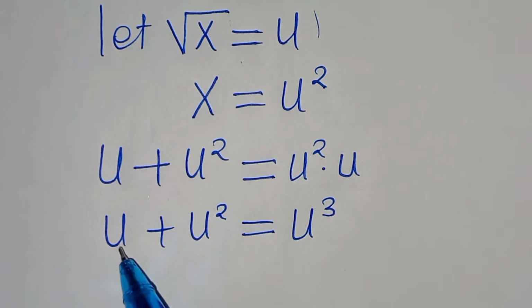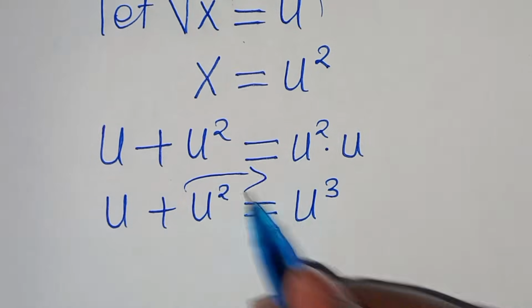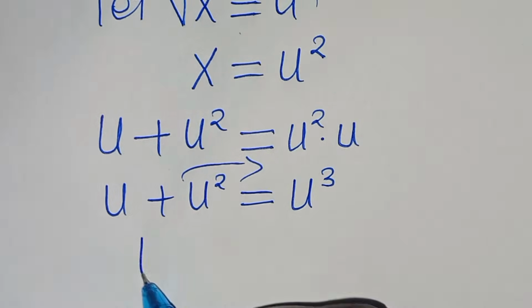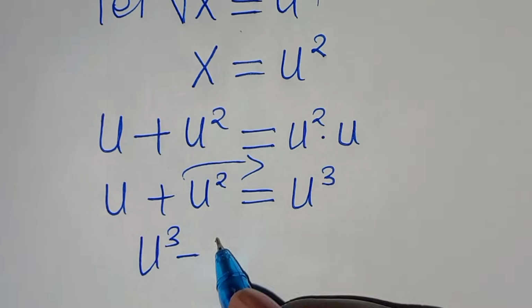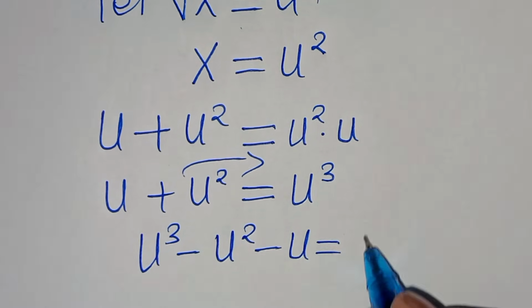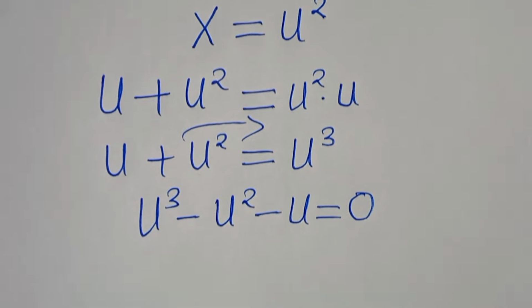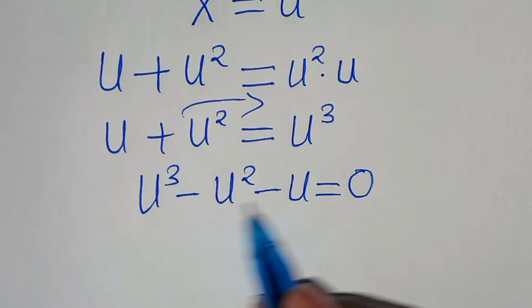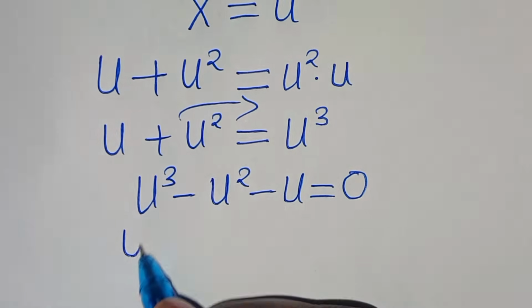Now, let's take u plus u squared to the right hand side. This means we have u to the power of 3 minus u to the power of 2 minus u equal to 0. The next step is that u is common here, so we can factor out u.